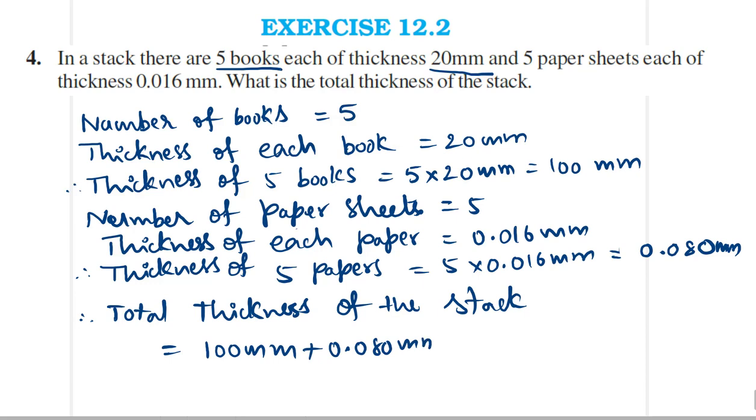If we add these two, we will get 100.080 mm, or we can write 100.08 mm. This is the thickness of the total stack. With this, exercise 12.2 is completed.